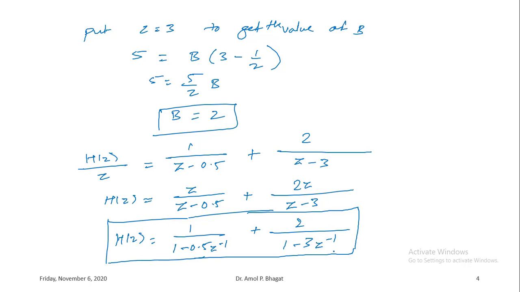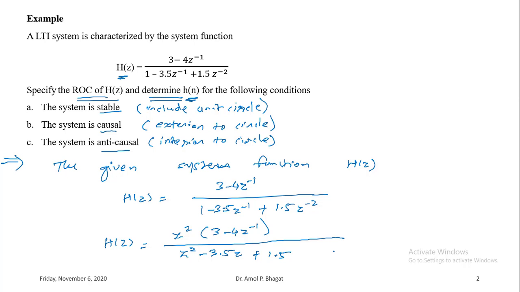Now depending on those given three conditions, the first condition in the example is that the system is stable. For the first condition, initially I will just rewrite this equation that we have identified after partial fraction expansion. We already discussed the inverse Z transform, where we have seen three methods: contour integral, power series expansion, which is identified by using the long division method, and the last one was partial fraction expansion, that is the table lookup method.